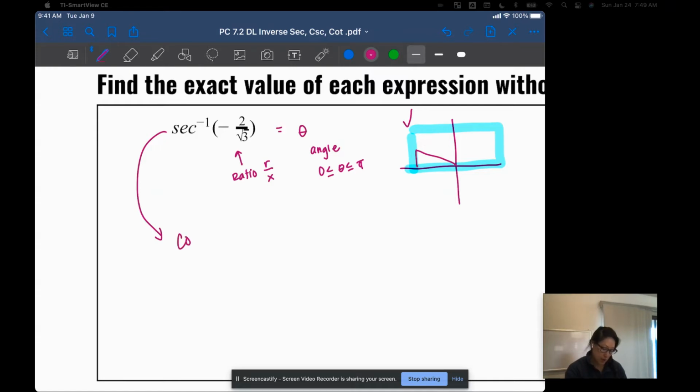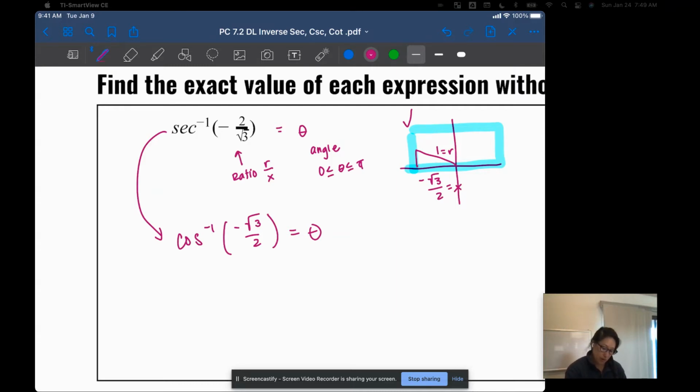So cosine inverse of, instead of -2 over root 3, I'm going to write -√3 over 2, which is the reciprocal, and that will give me the same angle. I'm going to set this up as -√3 over 2 is the x, 1 is the r, and if I needed to solve for my third side, I could.